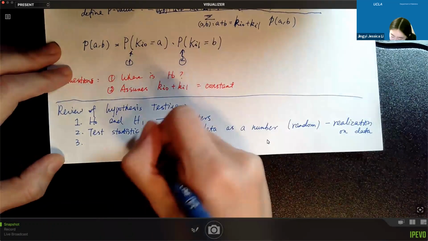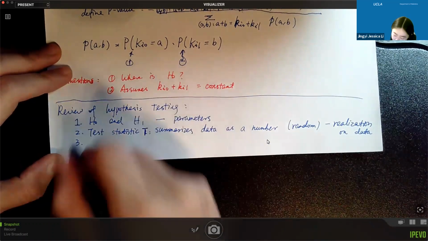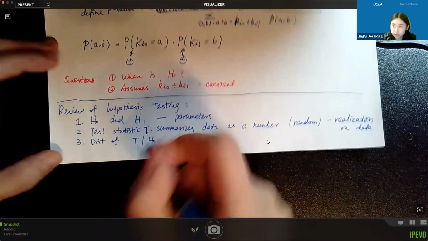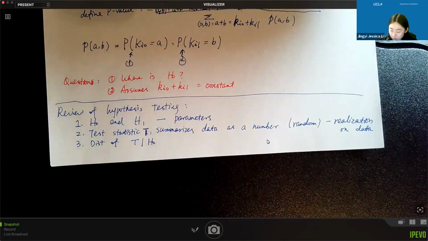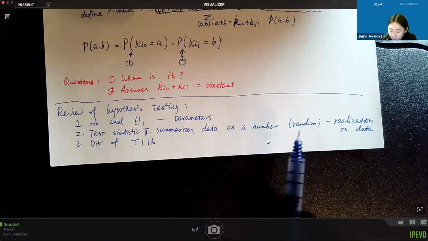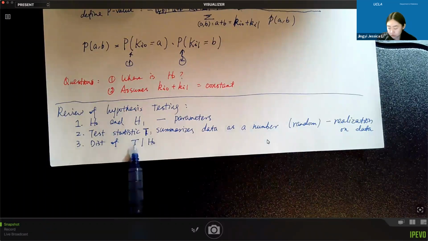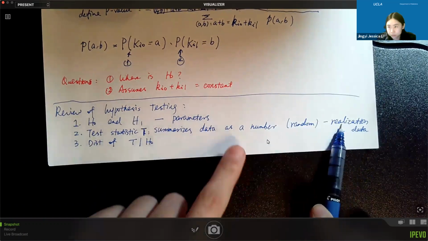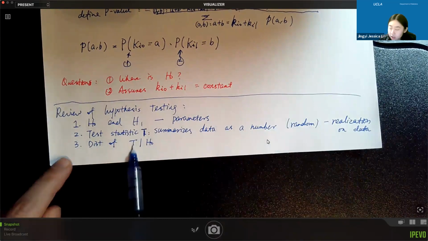Let me call this test statistic T. We need to know the distribution of this test statistic T under the null hypothesis. That is, assuming the null is true, what would be the distribution of the test statistic? And this distribution is across those infinite number of possible samples. So we're assuming that we can have many possible values of this T if the null hypothesis is true. Then finally, we want to place the realization of this test statistic, the number we compute on our data, onto this distribution.